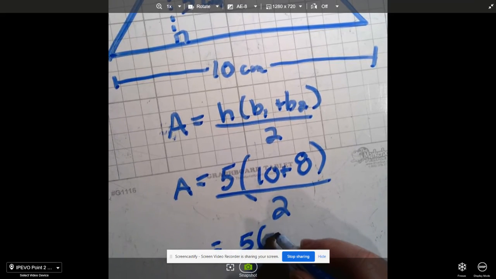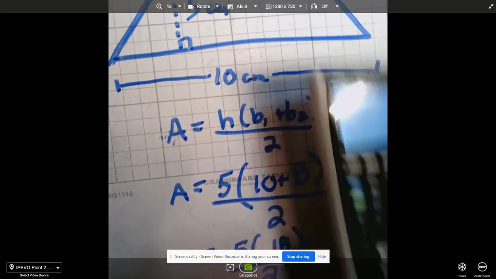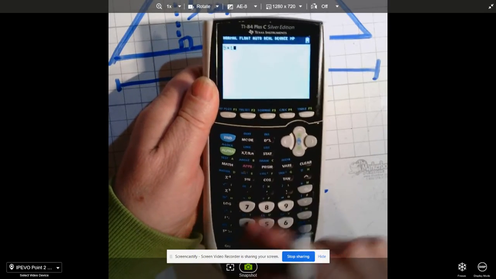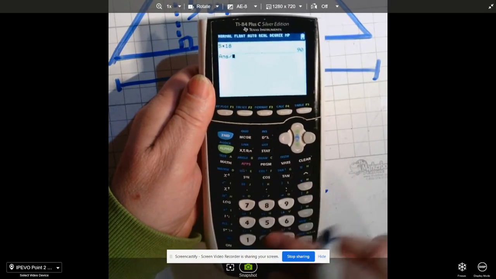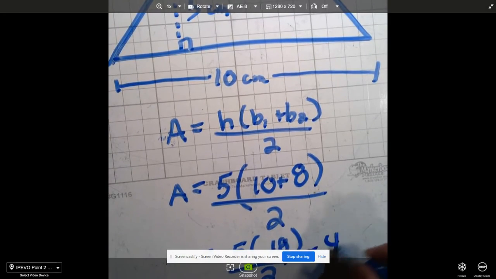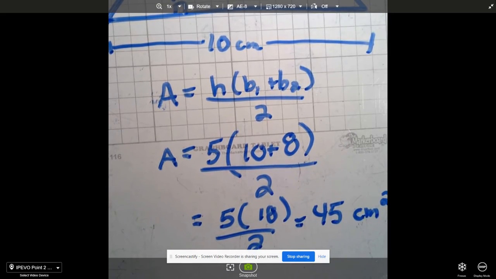This will be 5 times 18 over 2. You can just grab your handy dandy little calculator. 5 times 18 divided by 2 will give you 45. And remember, your units are centimeters squared. Area always has square units.